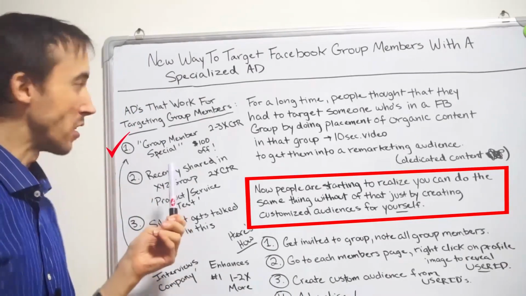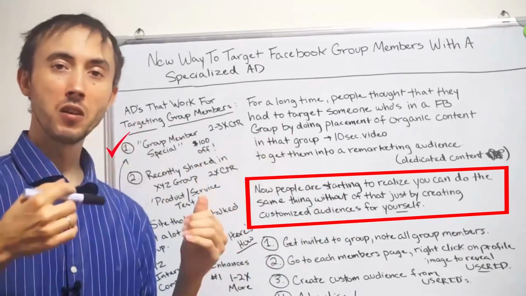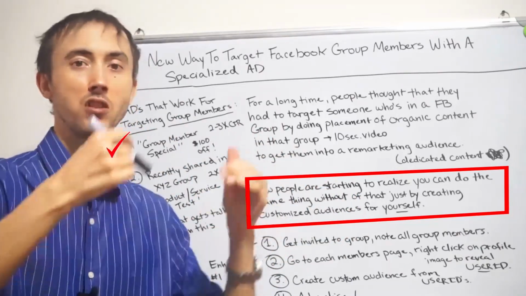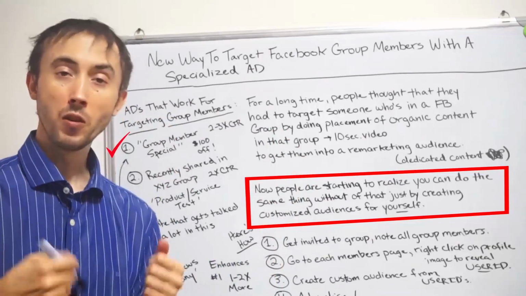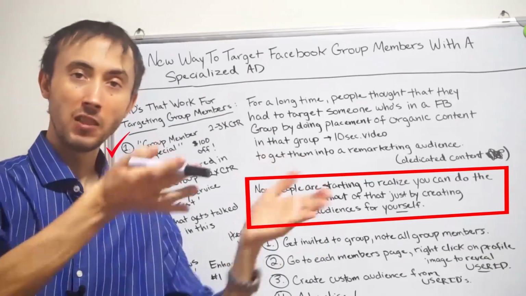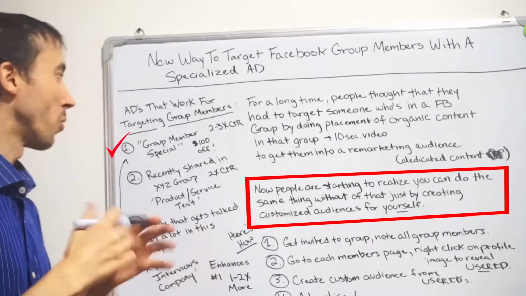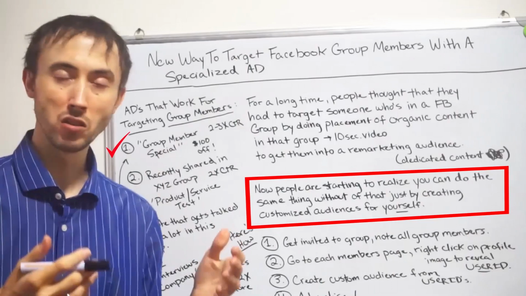But more so, you have the ability to target people and communicate to them in the language used in the group to get your click-through rates up, so you can take a 400% ROI and make it 1,000% ROI by mentioning the group somewhere in there, specifically group member special.